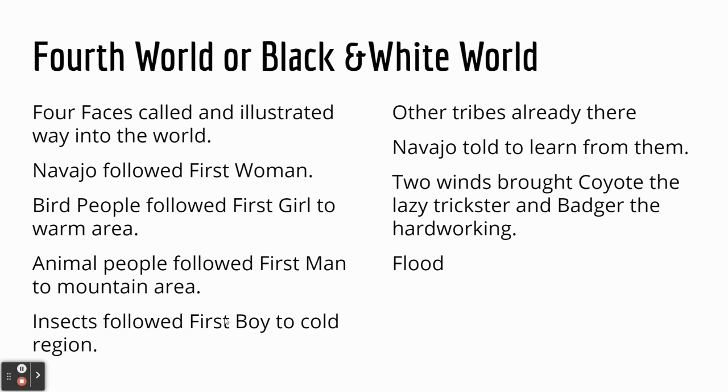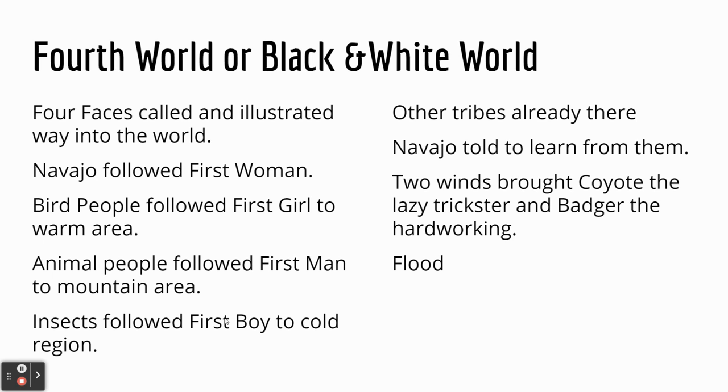When they get to this fourth world, this black and white world, they discover that there were other tribes already there, and the Navajo are to learn from them. You'll also see a dichotomy. You've got Coyote the trickster and Badger the hardworking.